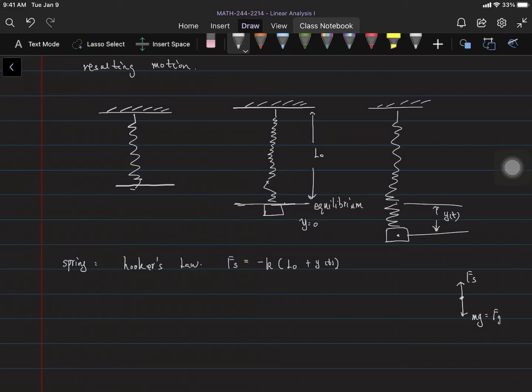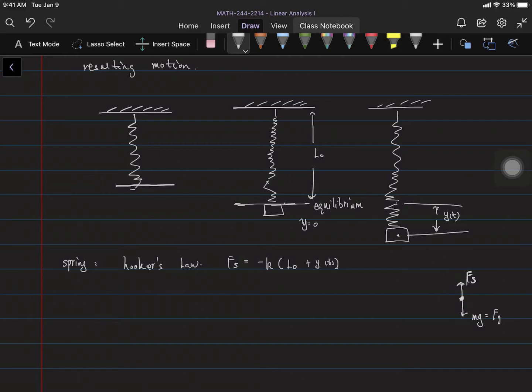For the object, there is the force given by the spring, so we say Fs. Because the spring pulls the object up, this force goes up. The object also has gravity, which is mg, given by Fg.